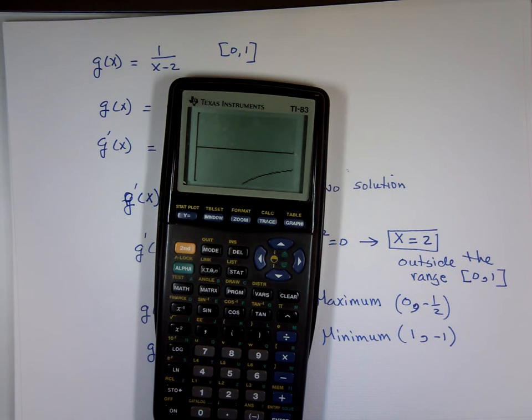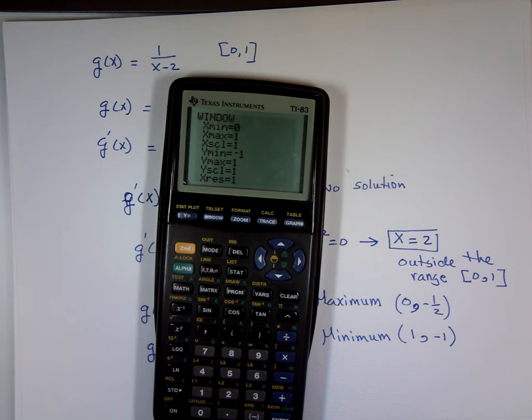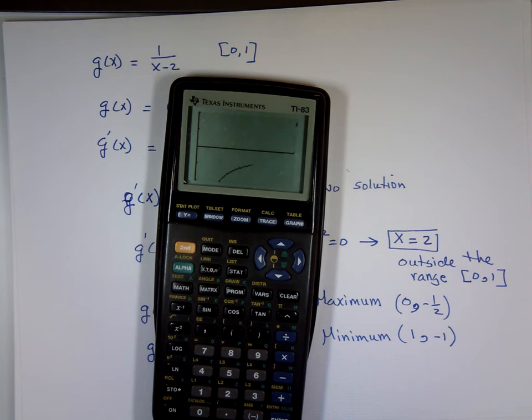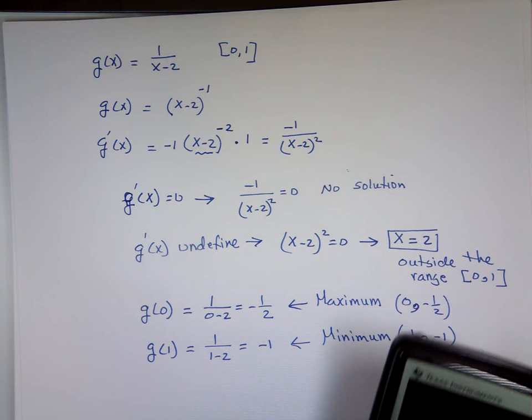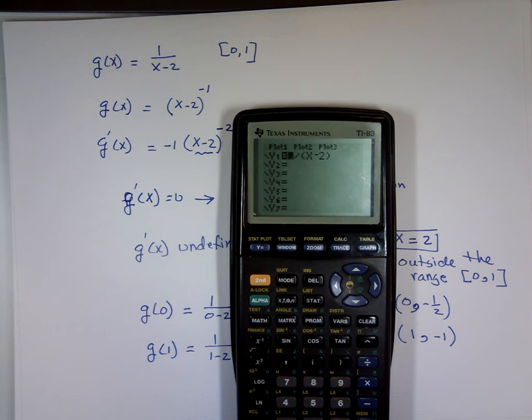At 0, let me just see my window. From 0 to 1, one over x minus 2. Maximum value, doesn't make any sense, the picture here. 1 over x minus 2.